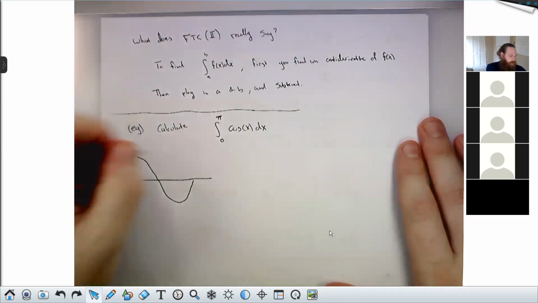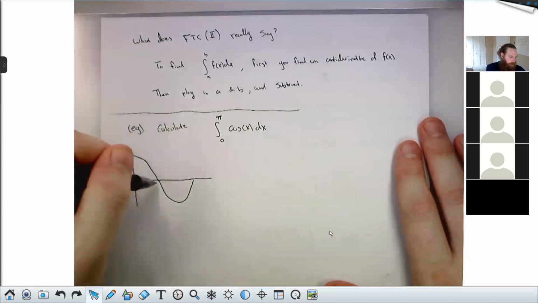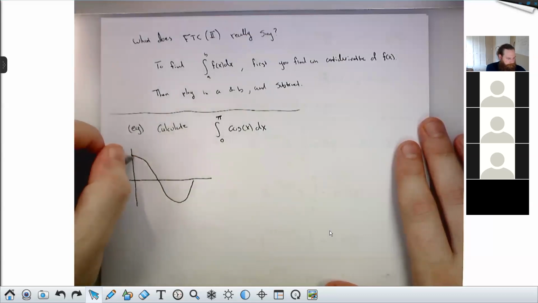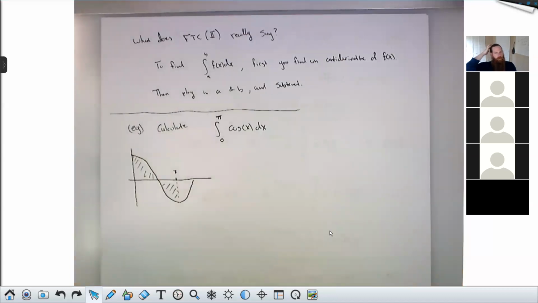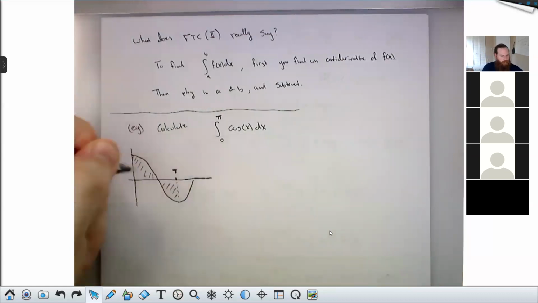It's the area under cosine. Here's 0 to pi over 2. Pi is right here. And looking at the picture, it looks like there might be as much area up here as there is down here. From the picture, using symmetry, it looks like this might be 0.